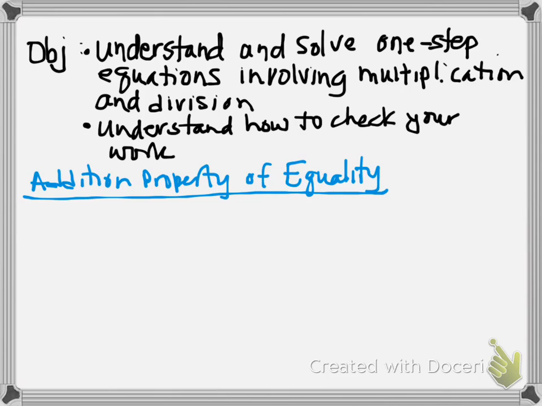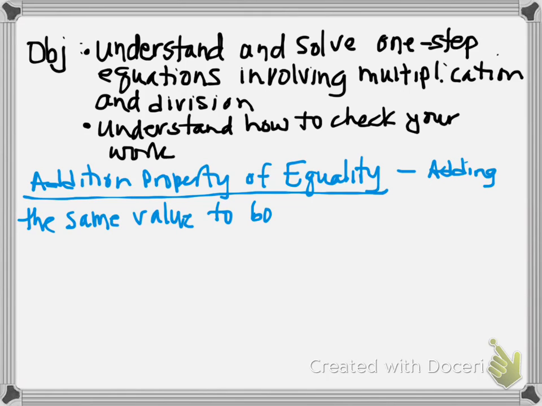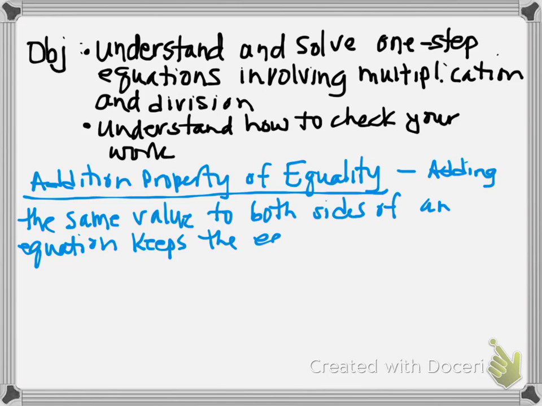So the addition property of equality says adding the same value to both sides of an equation keeps the equation balanced.